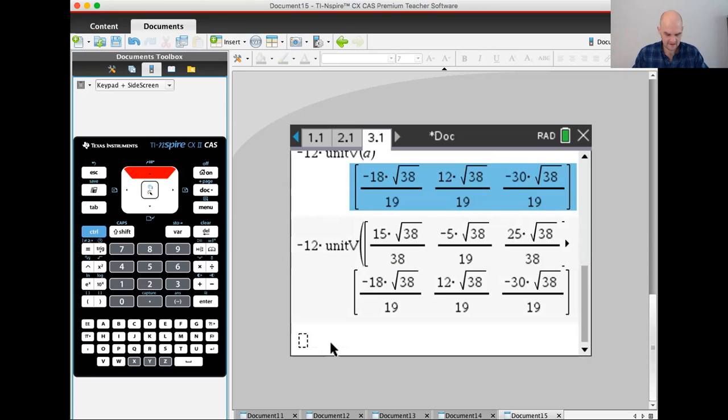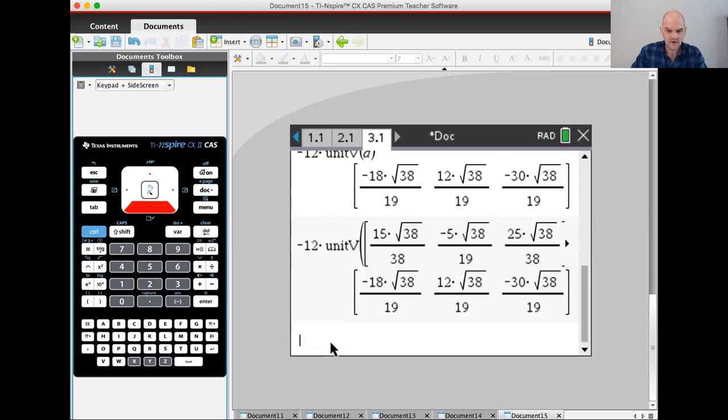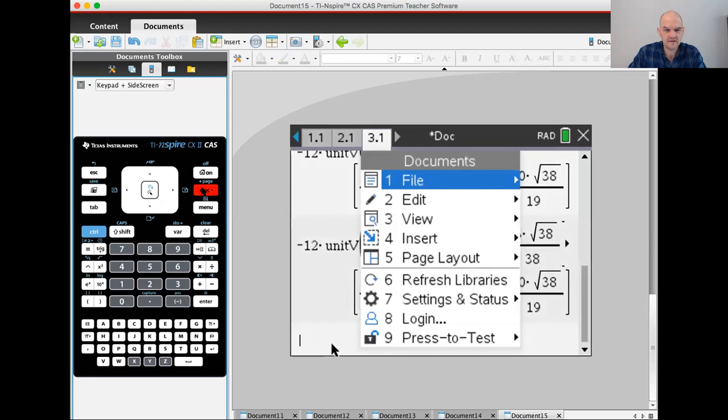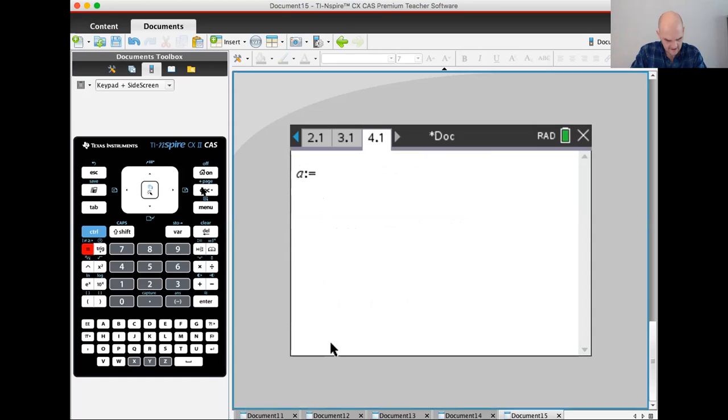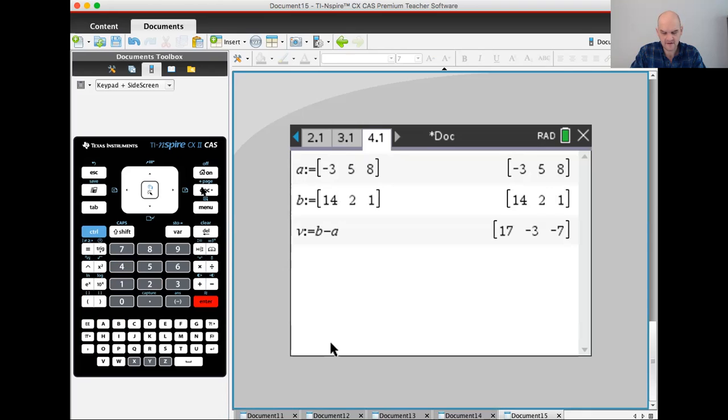And then the last problem, I'm going to add a problem. A is the vector -3, 5, 8. B is the vector 14, 2, 1. And if I make the vector V equal to B minus A, I get 17, -3, -7.